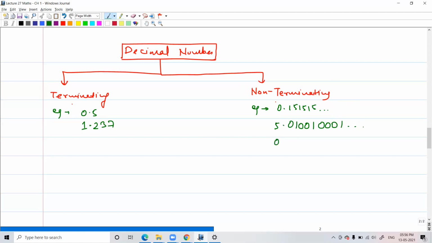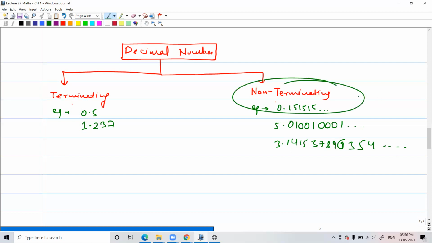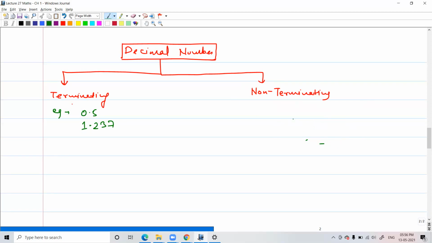And I can have 3.141537896354. If it keeps changing, if it does not repeat or does not end, it is still a non-terminating decimal. Okay. So based on that, this non-terminating decimal can be divided into another 2 types. So what are those 2 types?